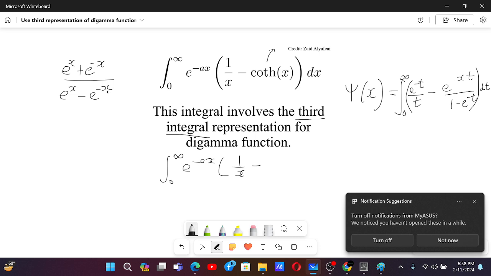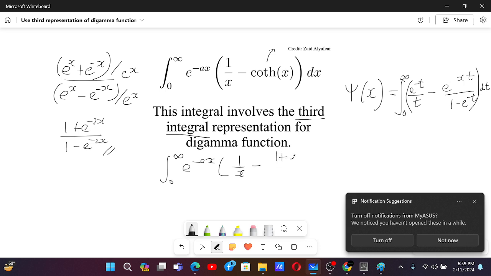Since we want negative powers, we can divide by e to the power x, and that gives us (1 plus e to the power minus 2x) by (1 minus e to the power minus 2x). This definition is what we will use.